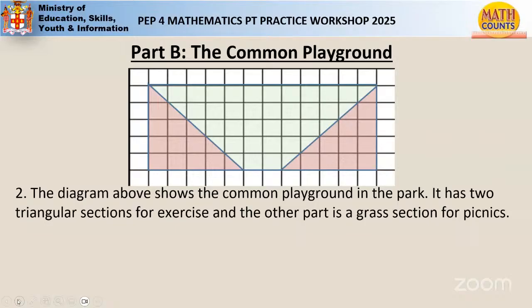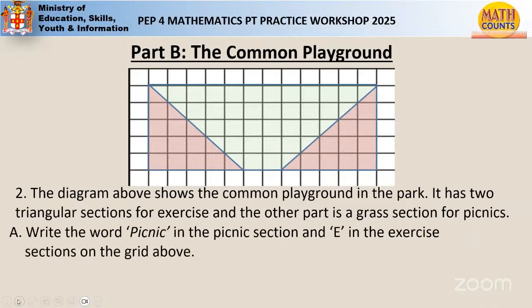It has 2 triangular sections for the exercise, and the other part is a grass section for picnics. So what they're asking you to do now is to write the word picnic in the picnic section, and E in the exercise section.